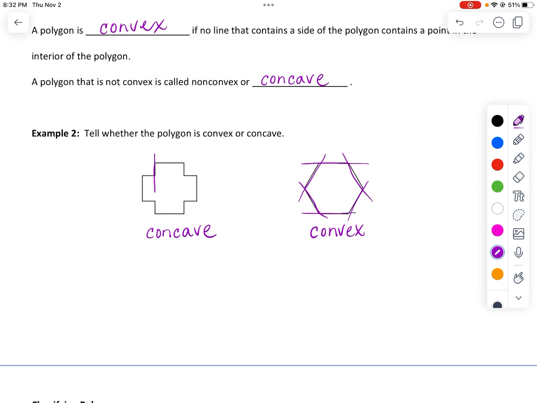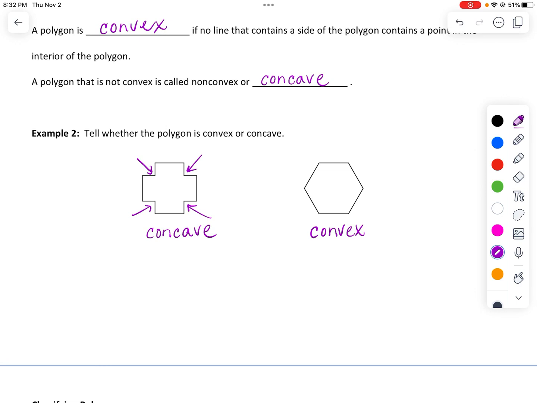Now, many students can look at these shapes and say they don't really need to extend the lines along the edges because they notice that it kind of goes in on itself. So I look at this first shape and right here or here, any of these 4 places, it actually goes inward. Many students can look at that and tell it's concave just by the look of it.